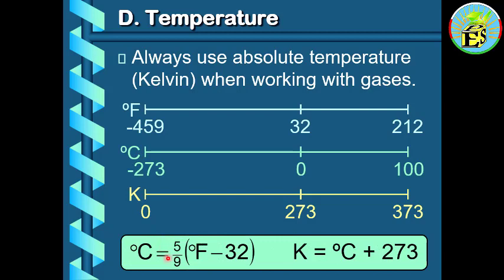Celsius equals 5/9 multiplied by Fahrenheit degree minus 32, and Kelvin equals Celsius degree plus 273. So if we want to change from Kelvin to Celsius or Celsius to Kelvin, we use this relation. If we want to change between Celsius and Fahrenheit, we use this relation.